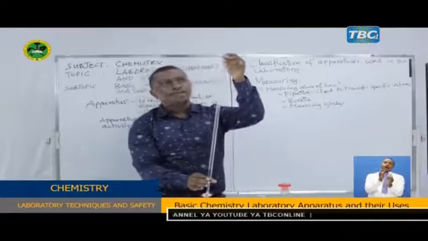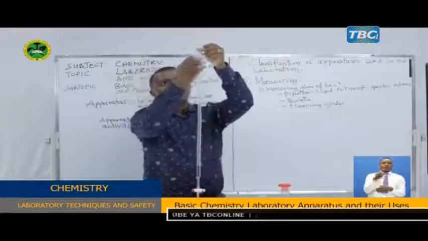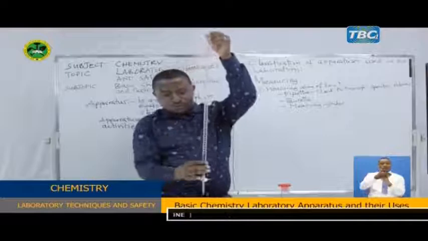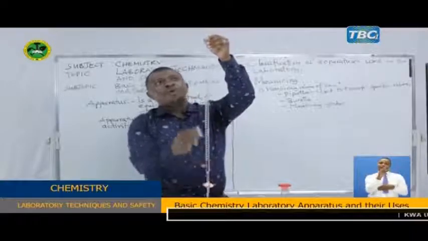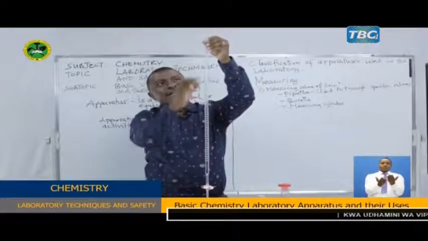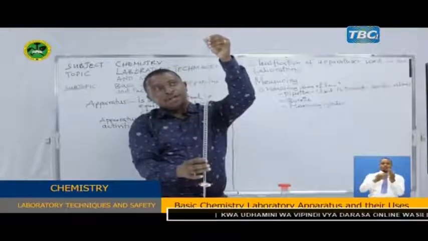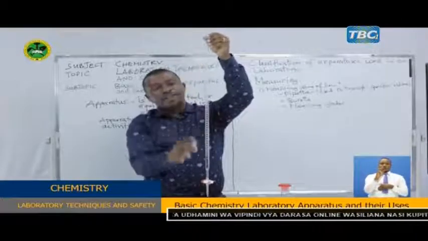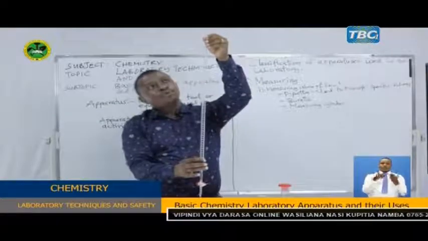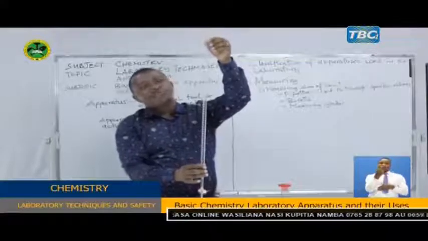Why accurate volumes? You can see it is calibrated from 0 to 50. You can measure any kind of volume between 0 and 50. It is calibrated in such a way that it measures up to 2 decimal places.